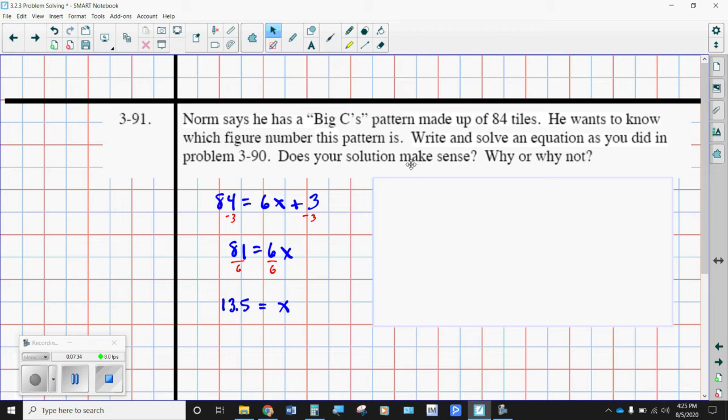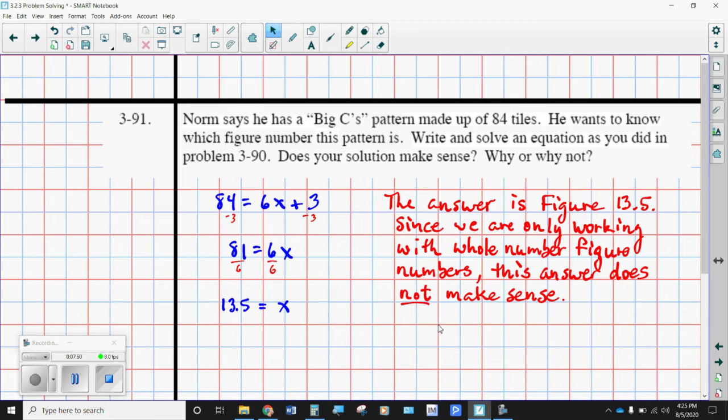So I guess it comes down to, does this make sense to you? If you think it should be okay to have figure numbers that are rational numbers, then I guess it would be okay. But up until now, we have not had anything other than whole numbers for our figure numbers. So the answer would be figure number 13 and a half, or 13.5.